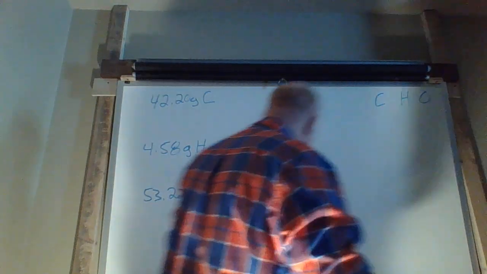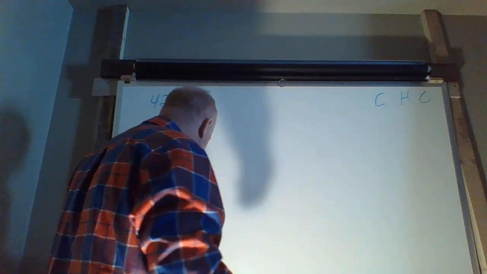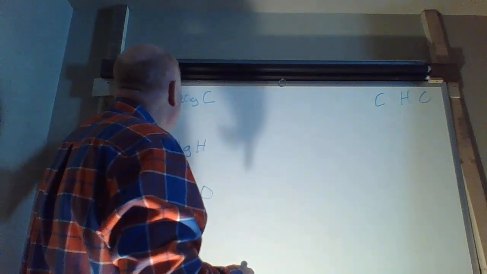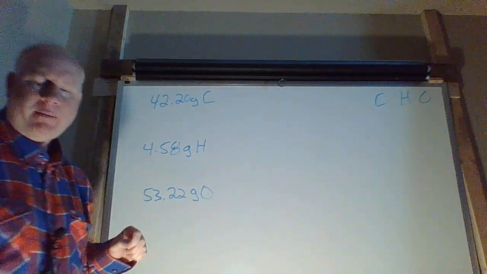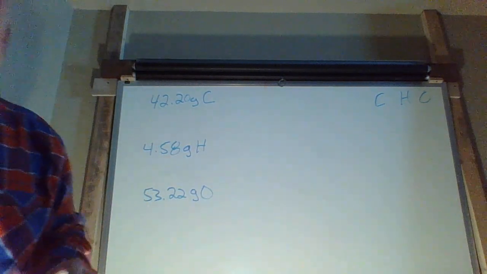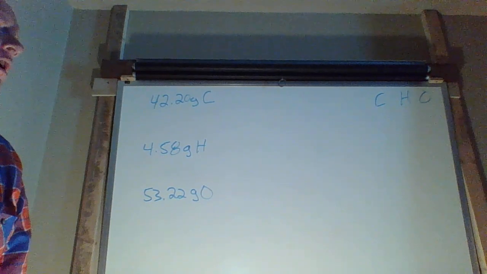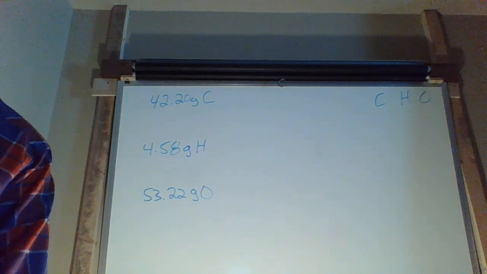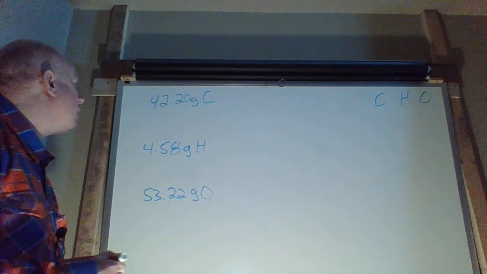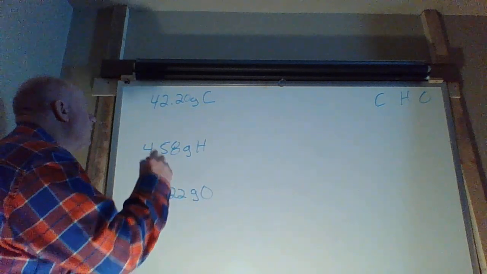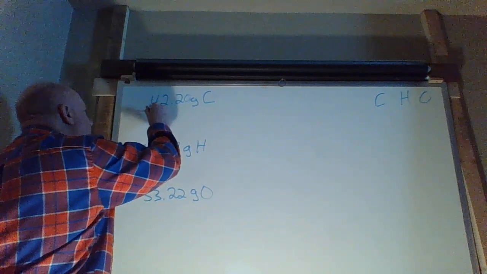Since this is what's found within the compound, what do you think we would do next? Maybe I'll hit pause for a moment and see if you know what you would do next. So if you said take these substances and convert them to moles, that would be correct.